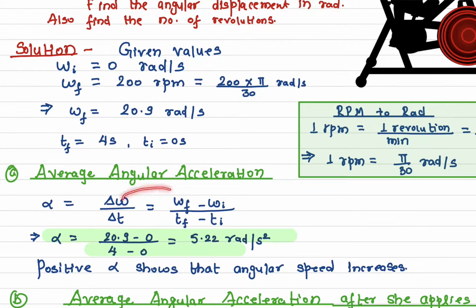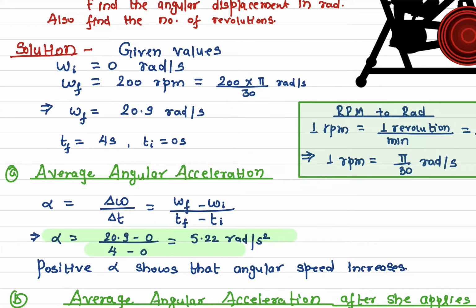The change means the final angular speed minus the initial angular speed, and the final time minus the initial time. The final angular speed is 20.9, and as the wheel is starting from rest, its initial angular speed is 0. The final time is 4 seconds, and you are starting your time from 0. What you get is 5.22 radians per second squared.